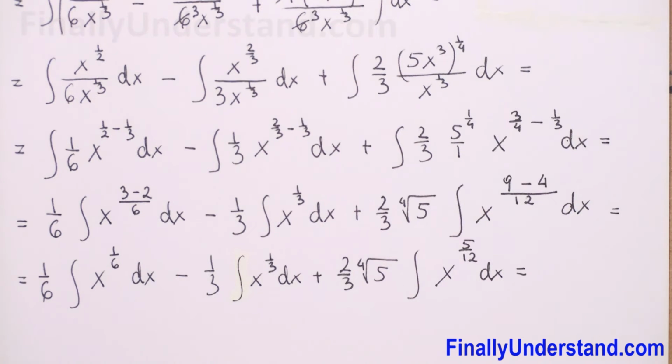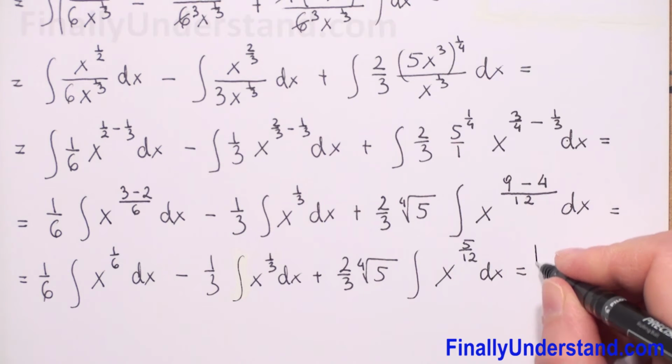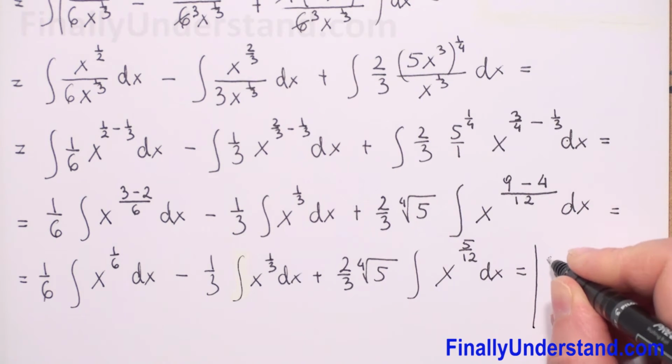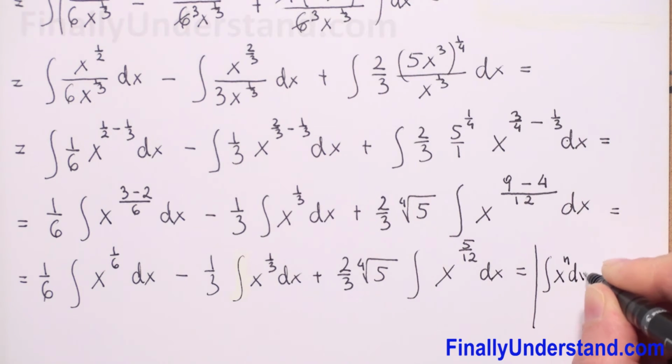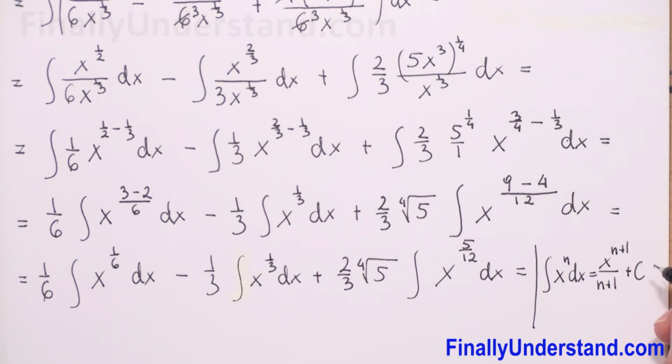Now we will use the integral of power function formula. Let me remind you, when we have the integral of x to the n power with respect to x, this is equal to x to the power n plus 1 over n plus 1 plus, of course, a constant, because we have an indefinite integral. Of course, n is different than -1.